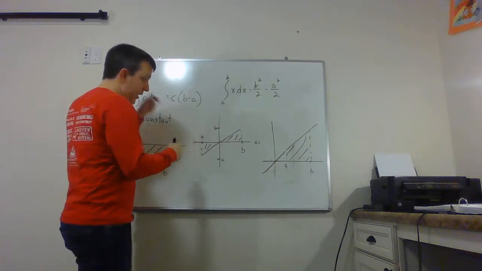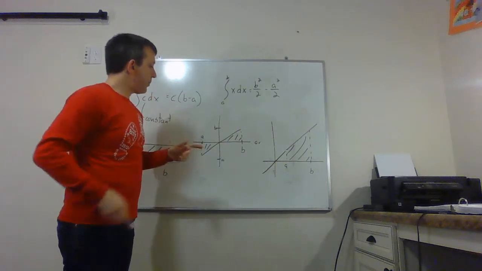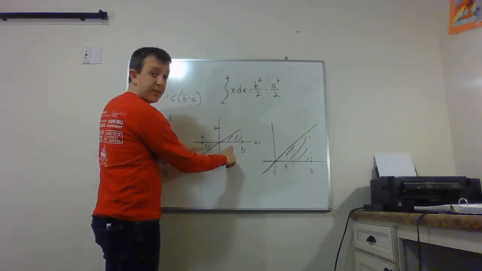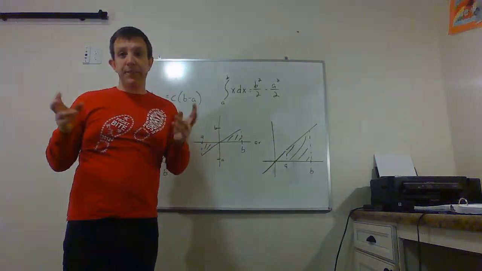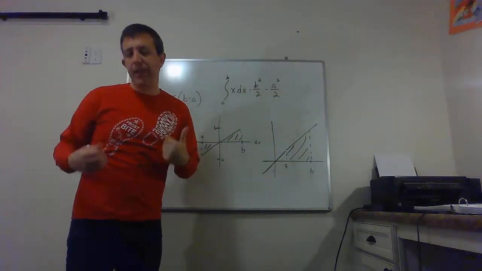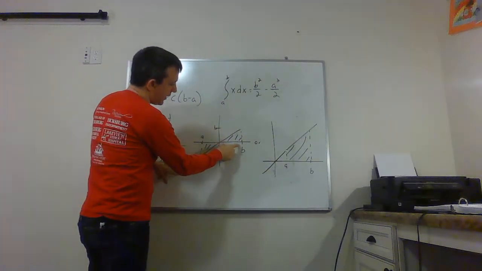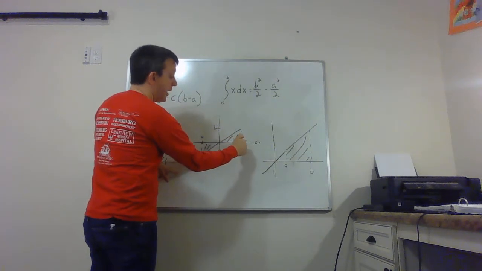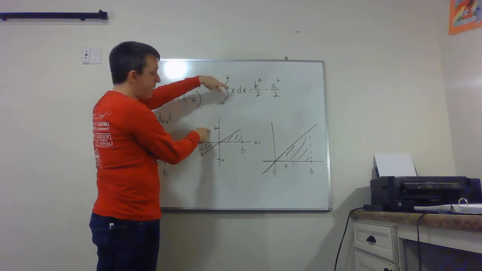Let's first say that a is negative and b is positive. In this case, we're going to get a triangle here, or you can see my two triangles. Now, one would be a positive area, and the other one would technically be a negative area. Again, it's not really an area, but kind of think of it that way. Well, this triangle has a base of b, because it goes from 0 to b, and it has a height of b because we're using the identity function x.